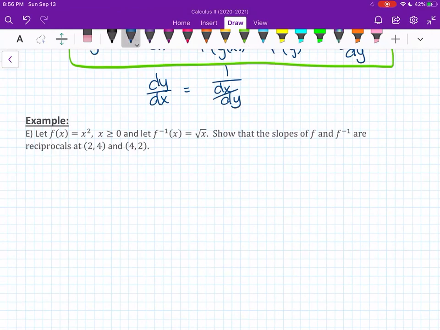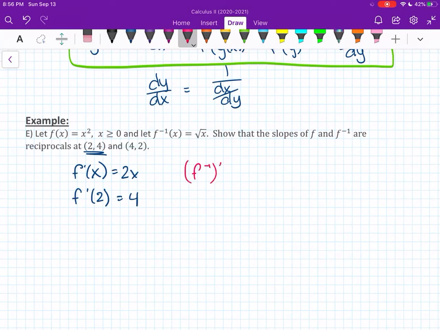Okay, here we go. So if I want to talk about f prime of x, we get 2x, and so f prime at 2 is going to equal 4. And then if I want to do the other one, f inverse prime of x, man, that's quite a mouthful, is going to be 1/2 x to the negative 1/2, which is 1 over 2 square root of x, great.